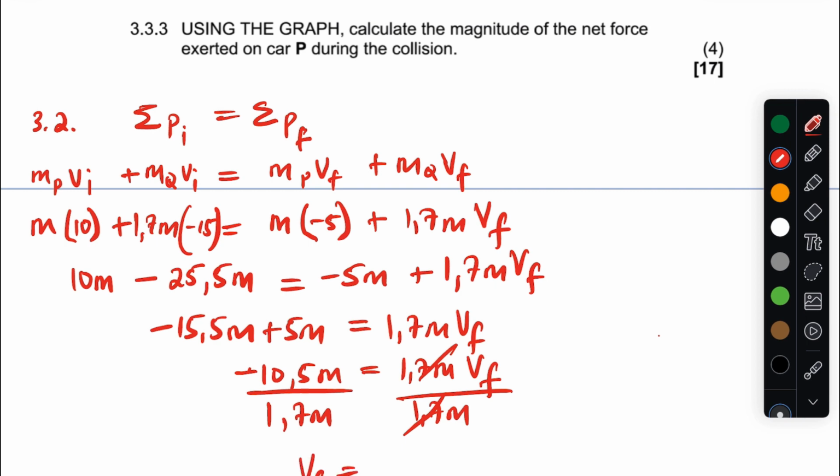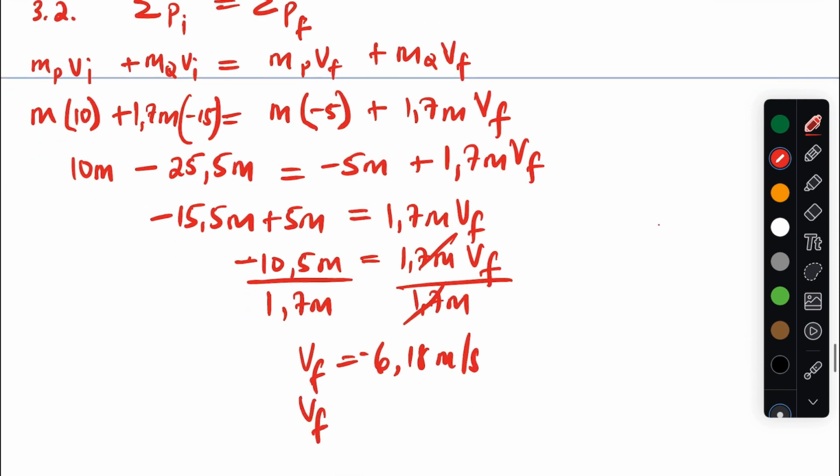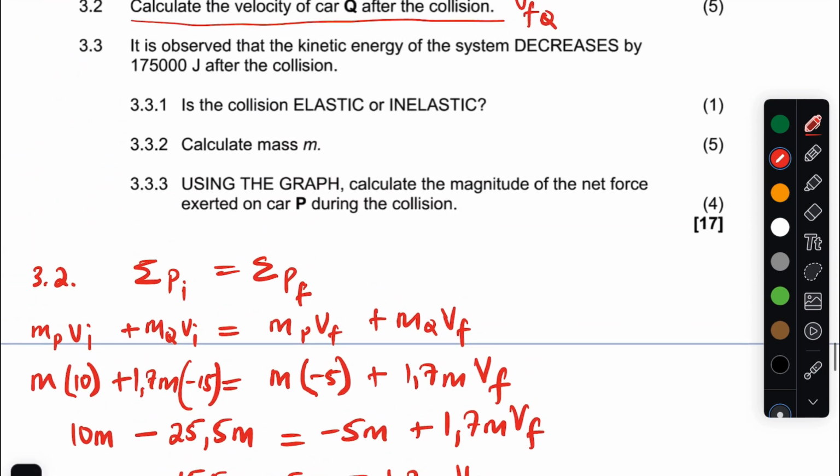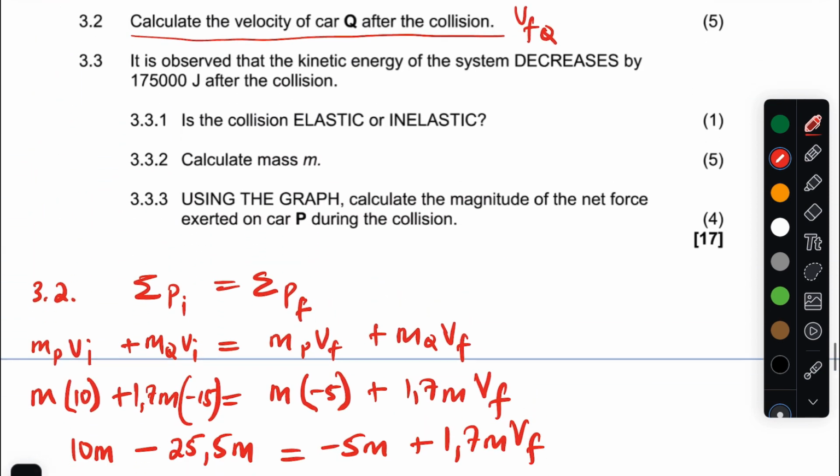It's going to be negative 6.18 meter per second, which is the final velocity there. It's 6.18 meter per second. In which direction? In the westerly direction. Right? Let's go to the following question.